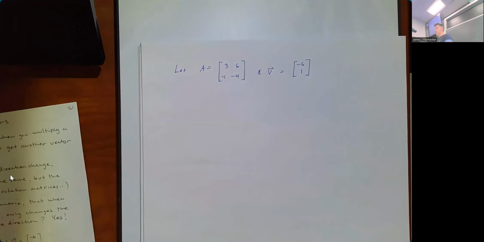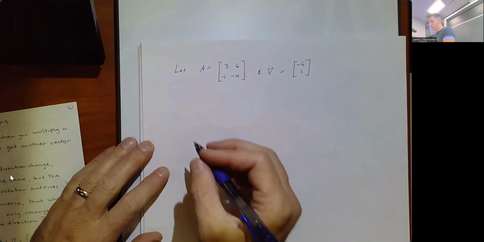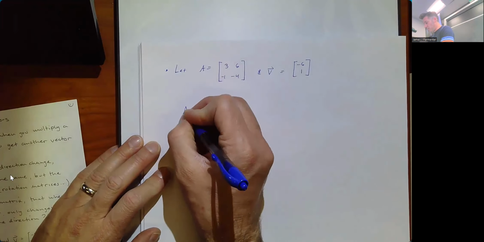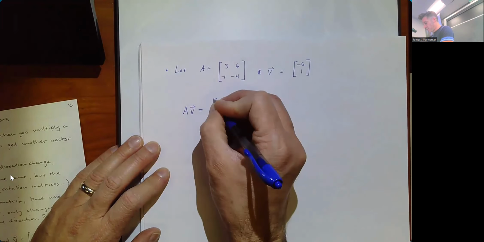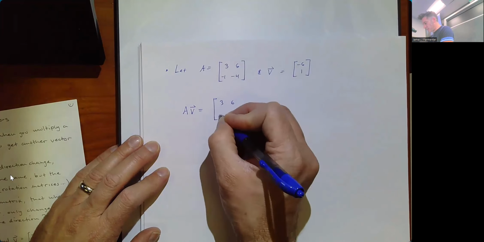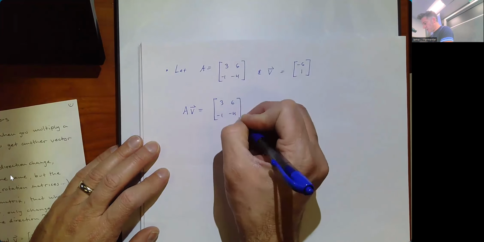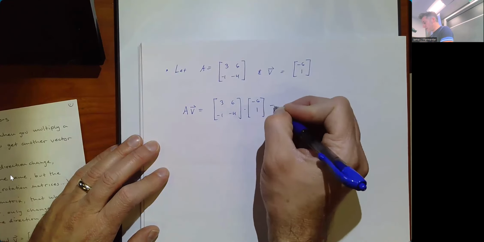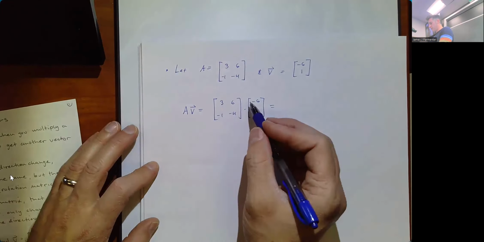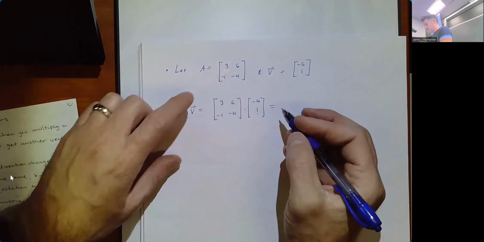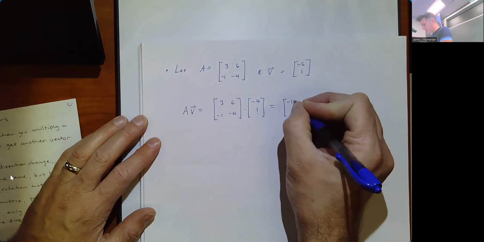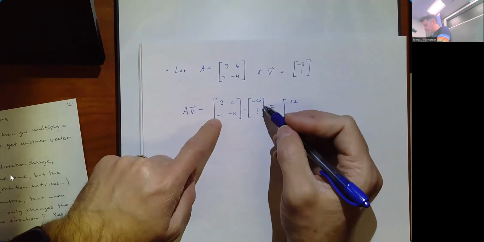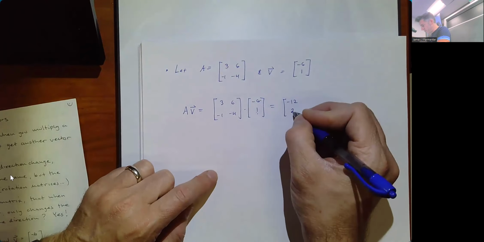And let's see what happens when we multiply A times V. So A multiplied by V, which is 3, 6, -1, -4, times -6, 1, is going to equal, let's see, -18 plus 6 is -12. And 6 plus -4 is 2.